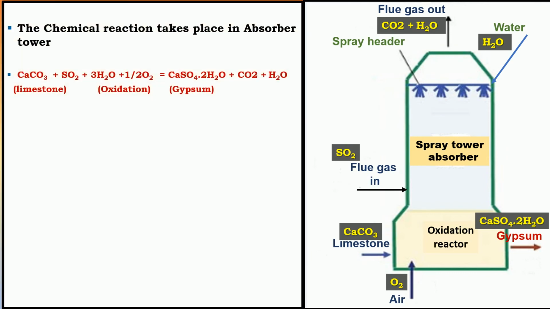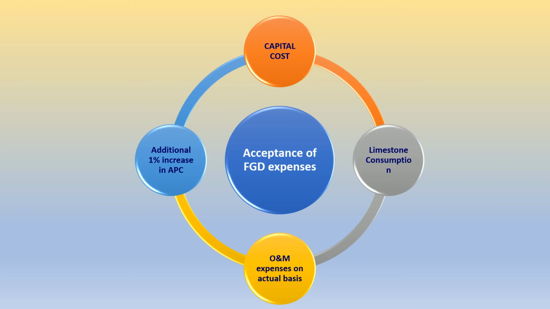This is the chemical reaction which takes place in the absorber tower. Limestone CaCO3 reacts with SO2 in presence of air and water. Then gypsum forms and sulfur free flue gas exits from the tower.